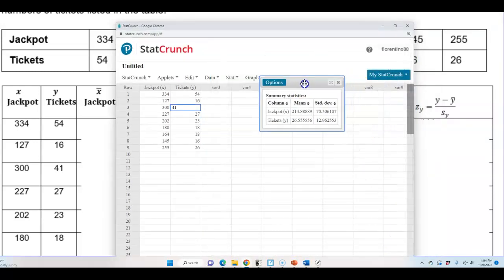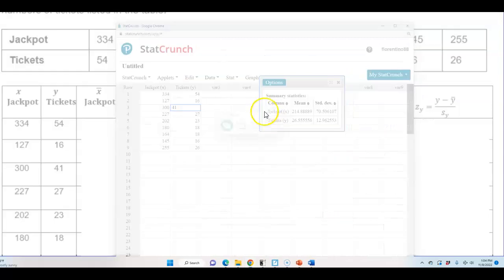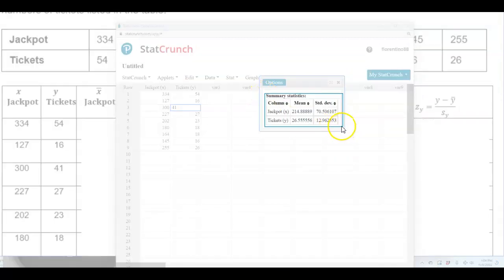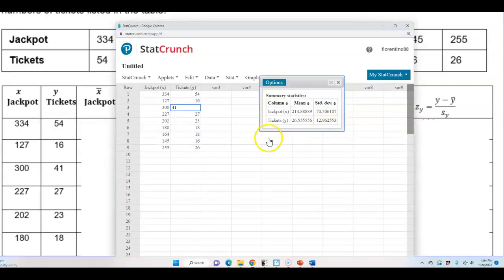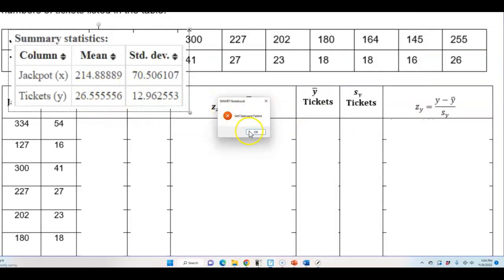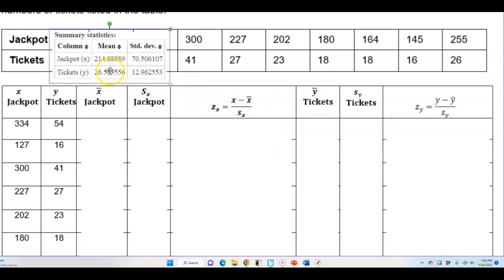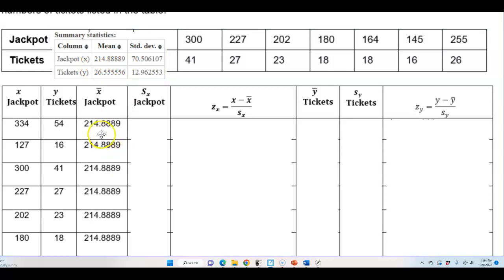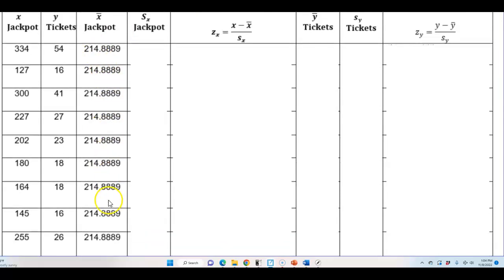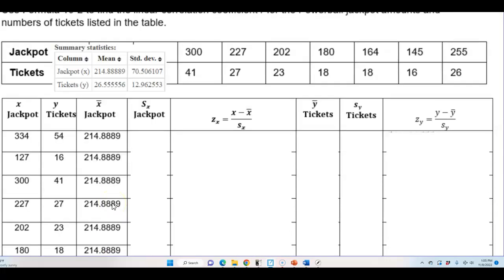Okay, so let me go ahead and copy this just to make sure that we can then use this on our sheet. So let's take a look below here. For the mean for the x values, it's 214.88889. So we're going to put in our mean of 214.889 for every value there.